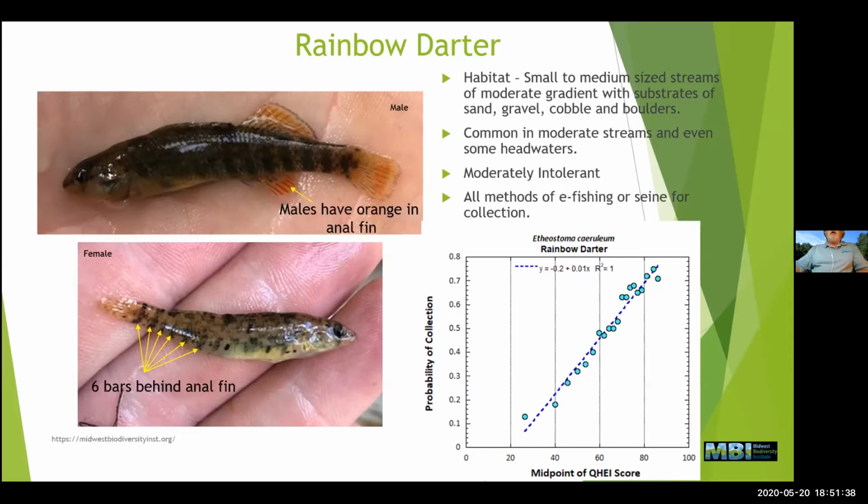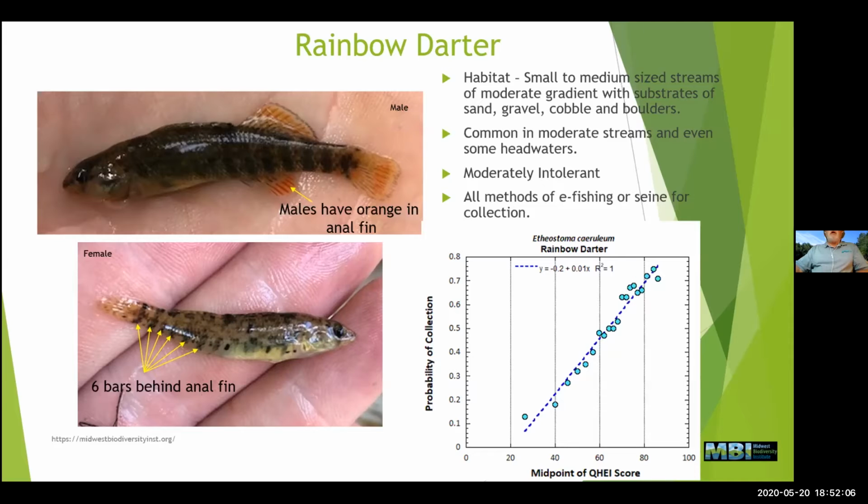These guys like moderate and small streams, sand, gravel, cobble, boulder, really nice substrates, generally limited silt. You can collect them with all methods of electrofishing and the seine. They generally like riffles, but you can find them in runs and in the margins of riffles too.